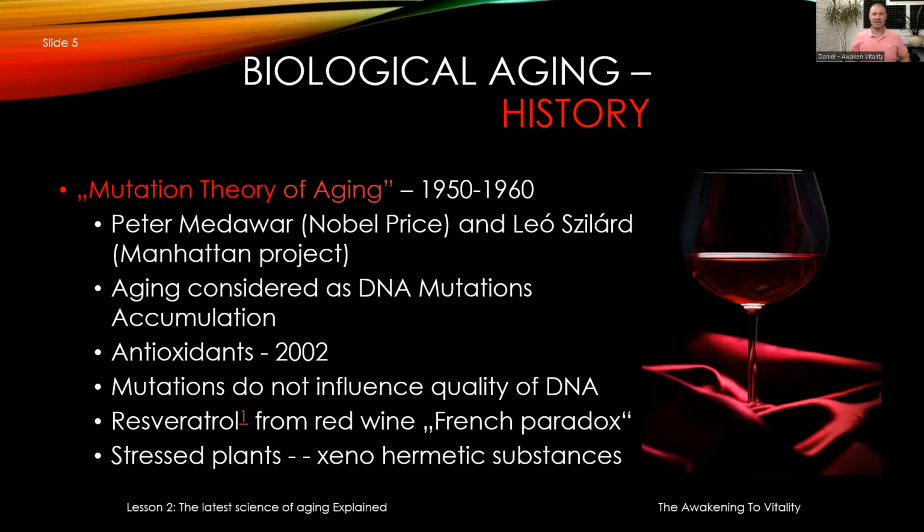First of all, in the 1950s and 1960s it was called the mutation theory of aging, where Peter Medawar and Leo Szilard, those great scientists, even Nobel Prize rewarded, understood that aging has to do something with DNA quality: somehow mutations or damages on DNA have been accumulated, and therefore your body couldn't rejuvenate, and your cells are not replicated properly.